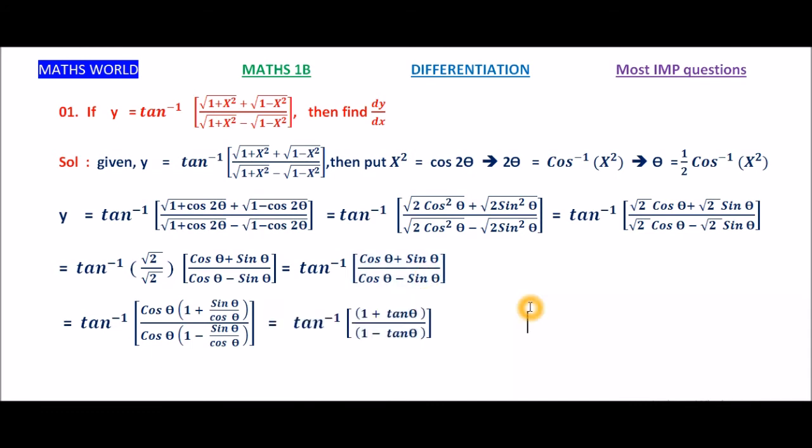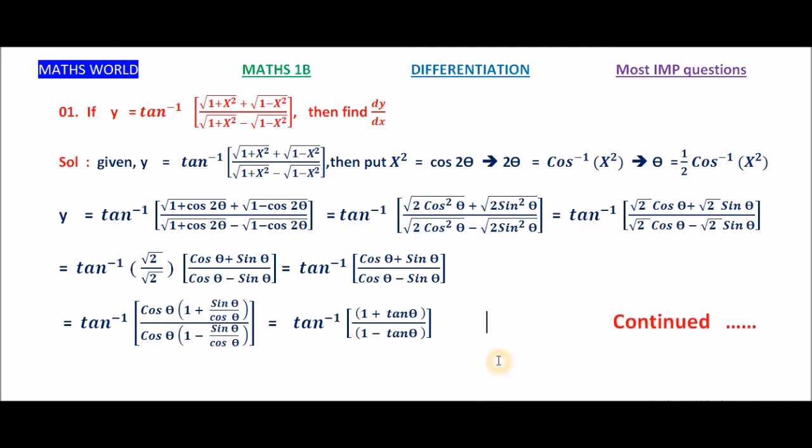That is equal to tan inverse, cos theta will be cancelled, 1. So tan inverse of (1 plus tan theta) divided by (1 minus tan theta). So sin by cos is tan. So tan inverse of (1 plus tan theta) divided by (1 minus tan theta).